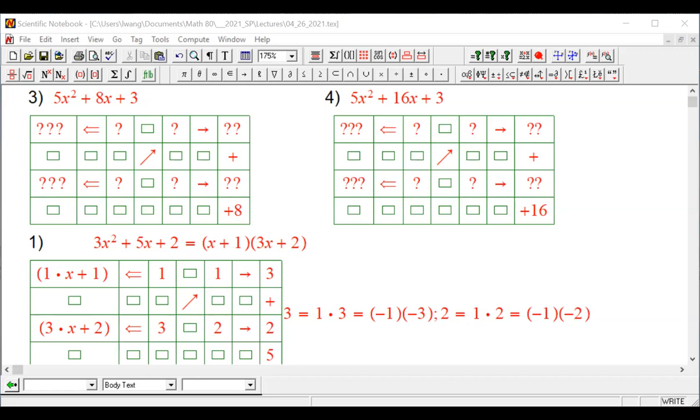Alpha 41, try as many as possible. Wait, I think we're at 41. Oh yeah, we are at 41.